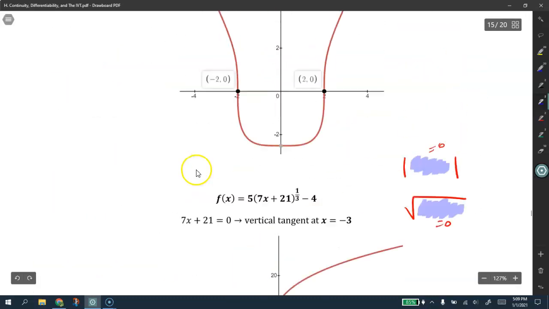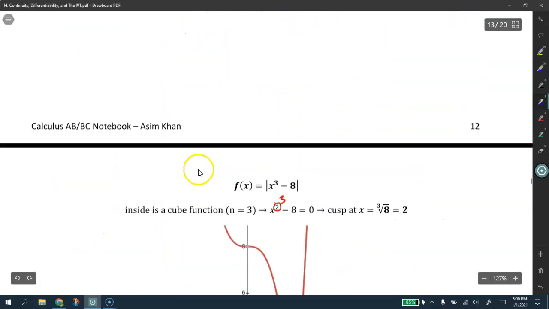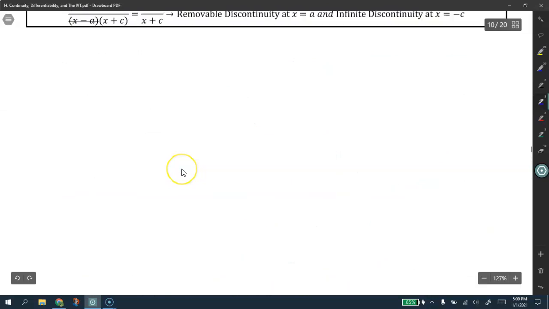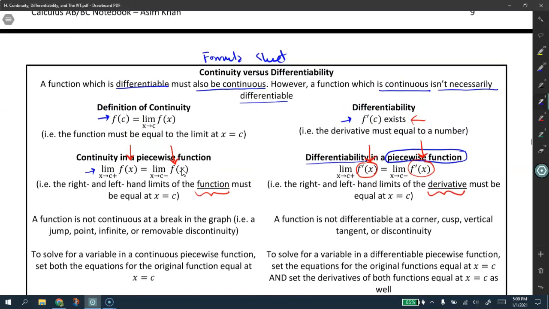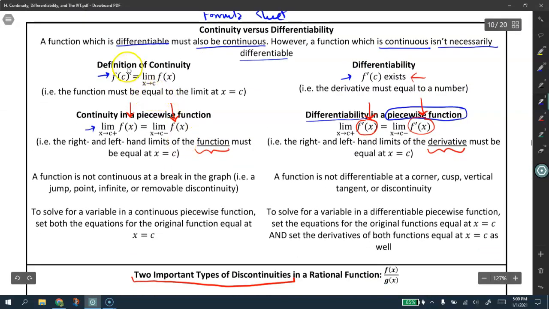If that's not ringing a bell for you, if you're wondering how you know that, this is one of the things we discussed in this slide over here, where we talked about what it means when we say something is continuous in a piecewise function, and what it means when we say something is differentiable in a piecewise function. When they're continuous, you set the functions equal to one another, and when it's differentiable, you set the derivatives equal to one another.